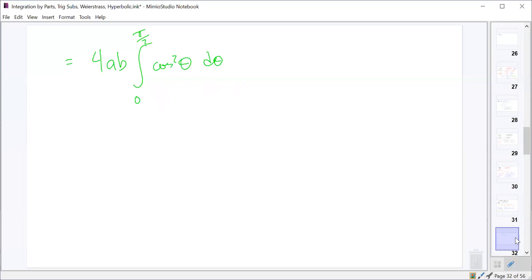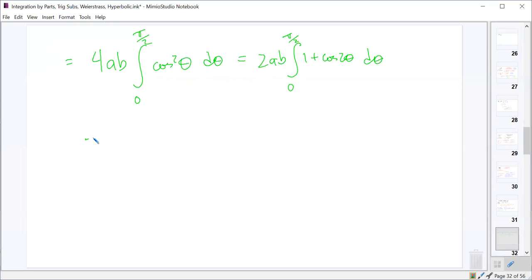Okay, so how do we deal with the integral of cosine squared theta? We need to use the power reducing formula. Power reducing formula says 1/2 of 1 plus cosine 2 theta. So half of this is just a 2ab out in front. We can cancel those out. Still an integral from 0 to pi over 2. Now it's 1 plus cosine 2 theta d theta.